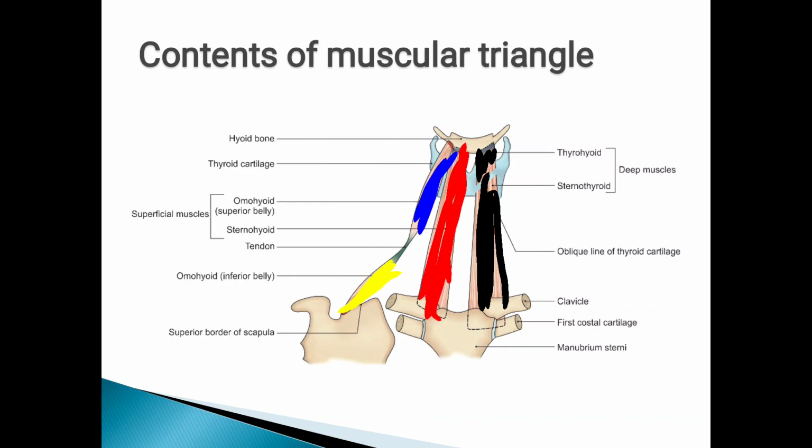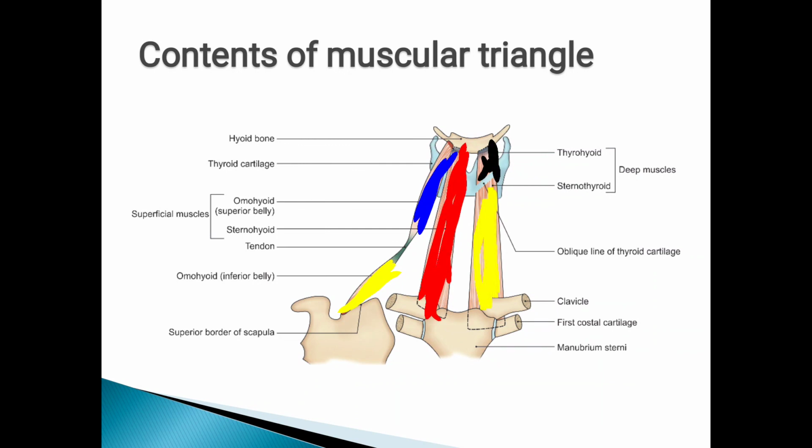So here you can see this muscle which I am pointing with my pointer. Okay, wait a minute, I am marking this here with yellow color, the sternothyroid muscle, and then I am marking with black color the thyrohyoid muscle.